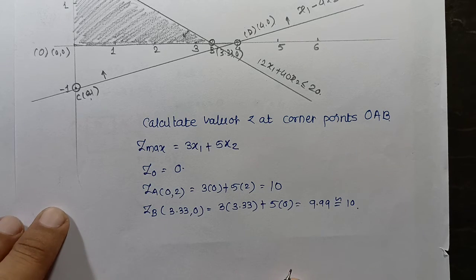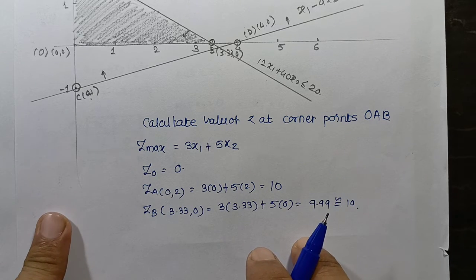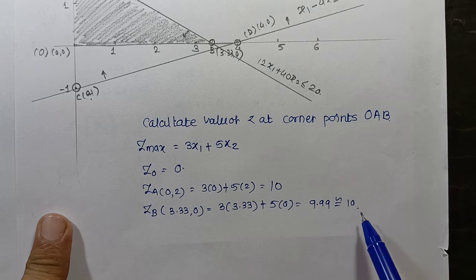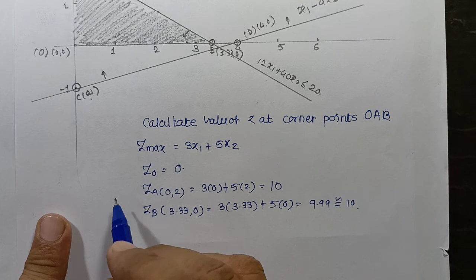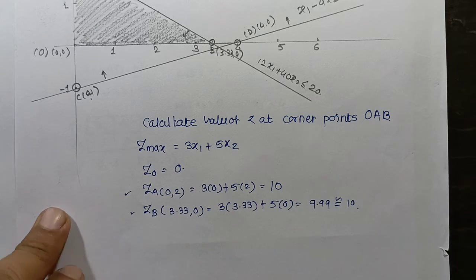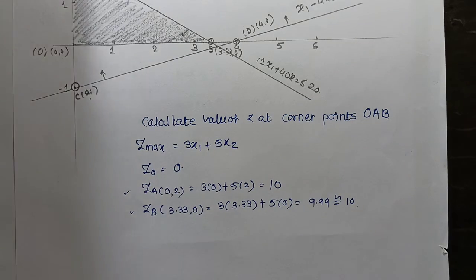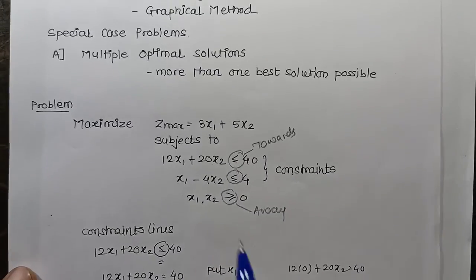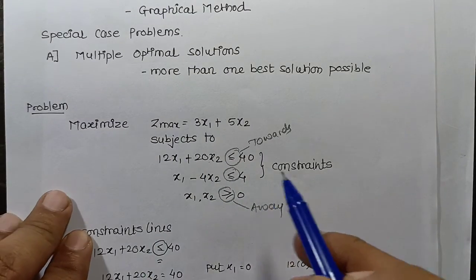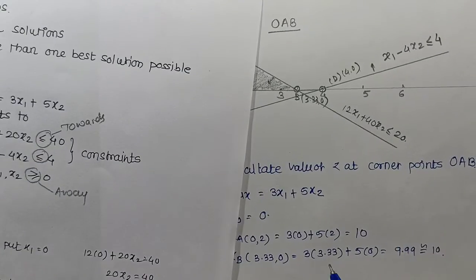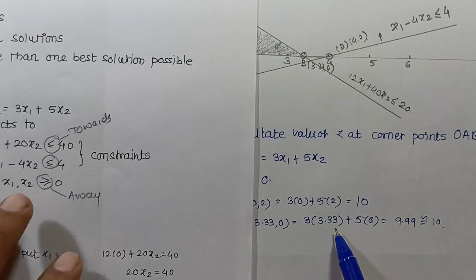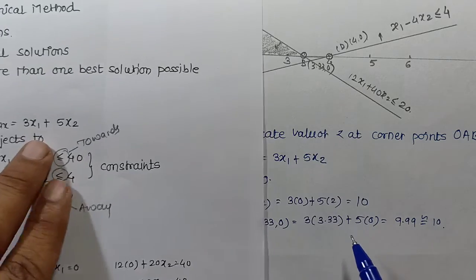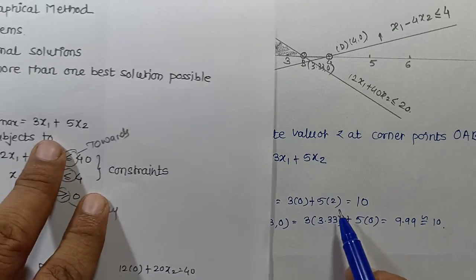So here when we use the corner method, I got three solutions. One is 0, one is 10, and another is again 10. So I got multiple solutions. So here this is a condition of multiple solutions. So in order to produce the maximum profit for the given problem, either I can go for 3.33, that is almost 4 units of x1, this is the first condition, or else I can go for 2 units of x2.